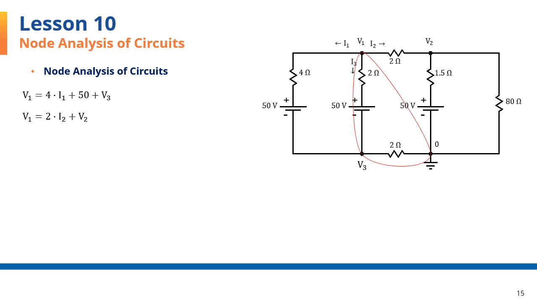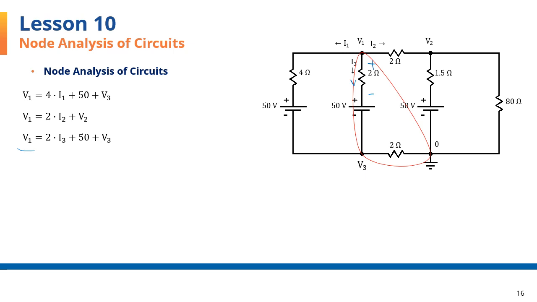And finally, the third and last loop under consideration for this node goes after going to V1, it follows the path of I3. Let's look at the equation. We go a voltage rise of V1 on the left, followed by a voltage drop of 2 times I3, plus minus.